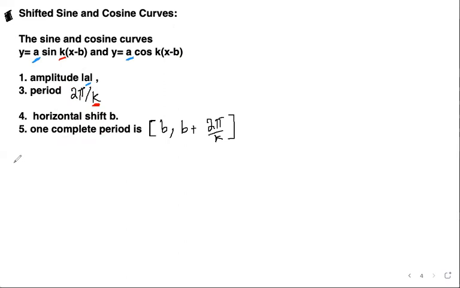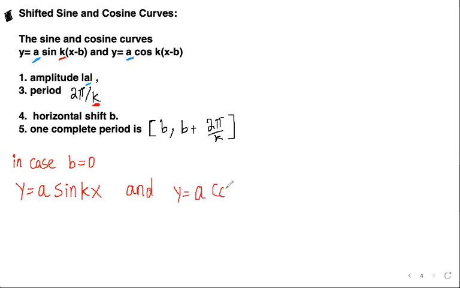So in case b equals 0, this b, so now y equals a sine k times x, and the other curve is y equals a cosine k times x.